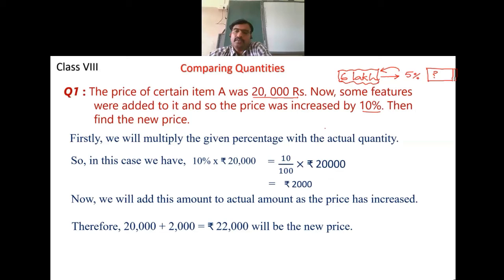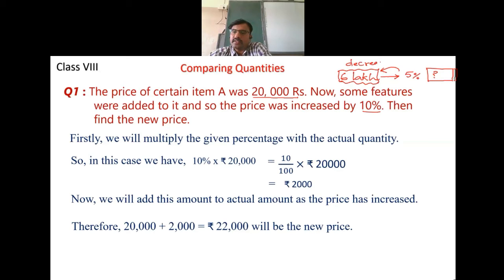Why 5,70,000? Sir, 1% means 6,000, so 5% means 30,000 decrease, sir. 6 lakh minus 30,000 is 5,70,000. So to find out, we can find the decrease in the amount.